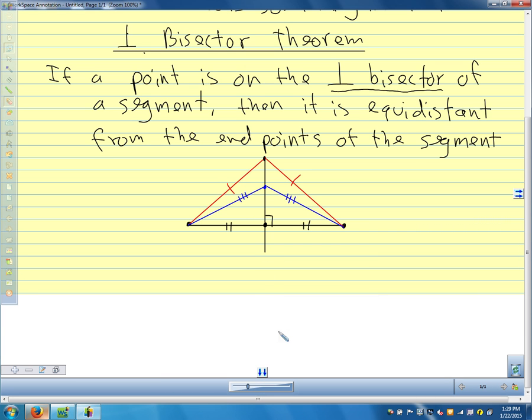What's congruent? The two red segments or the two blue segments. Yeah. So any point I draw on this perpendicular bisector, these segments that I draw to the endpoints are going to be the same, because this is halfway between the ends of the segment. So it doesn't matter if I go straight up, I'm still halfway between the ends of the segment, essentially.